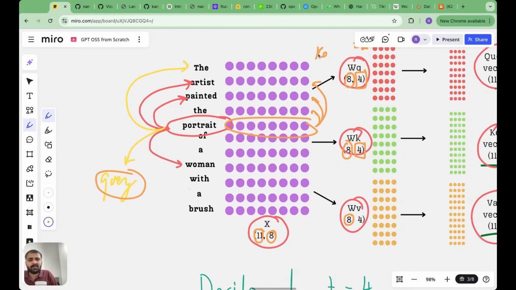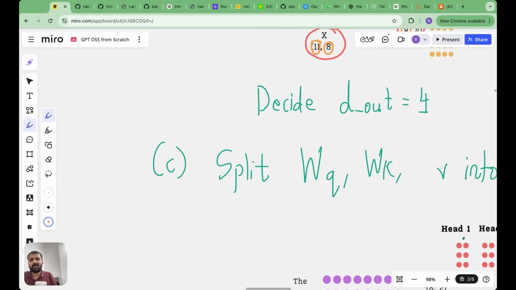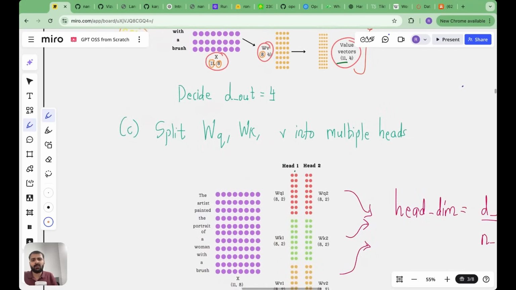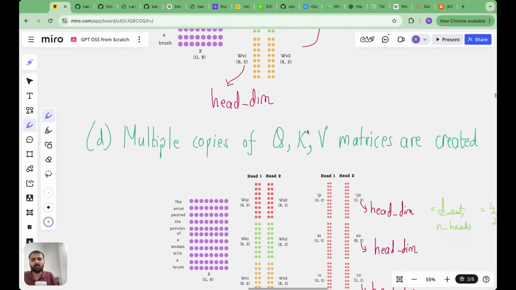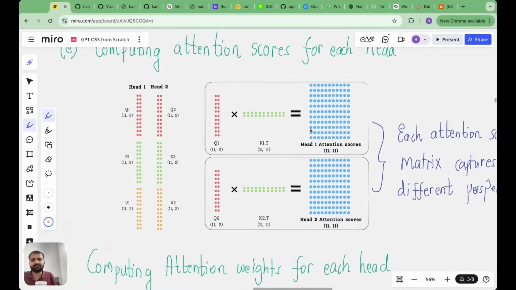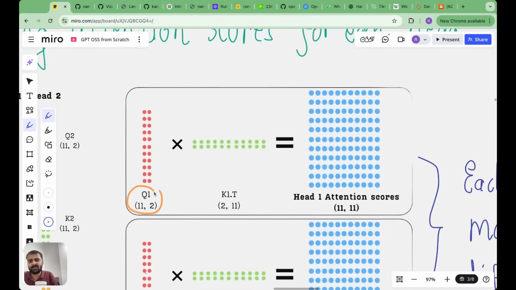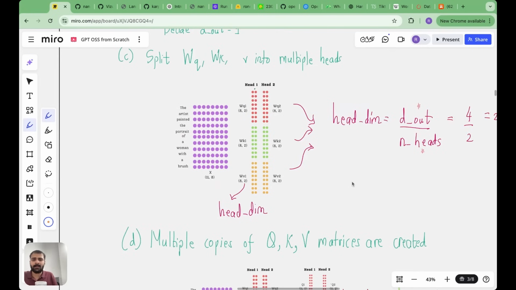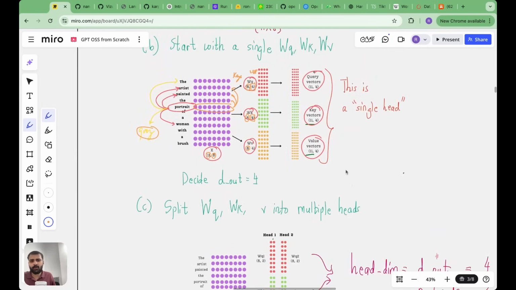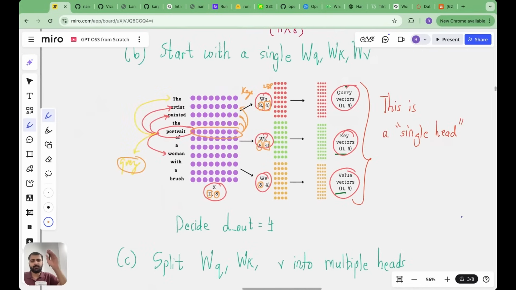I want to find how much attention I should give to the keys. And that is quantified by this formula. When you have queries and keys, you can just multiply the queries with the keys transpose, and then you get the attention scores.